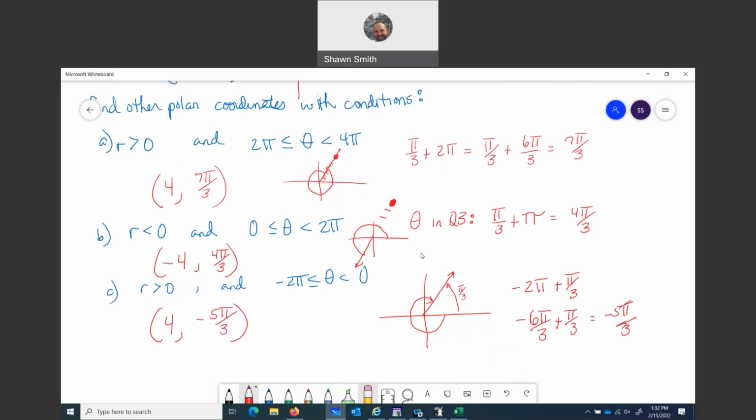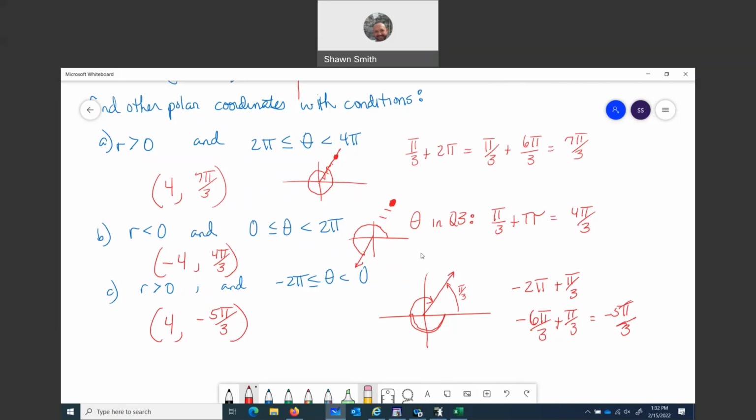And so you can see that again. This is negative 3 pi over 3. You can kind of break this up into 60 degrees, pi over 3.